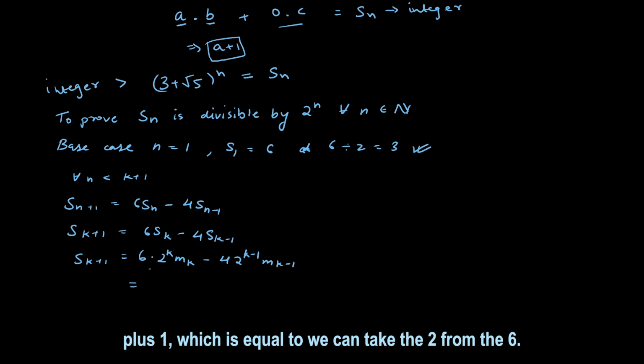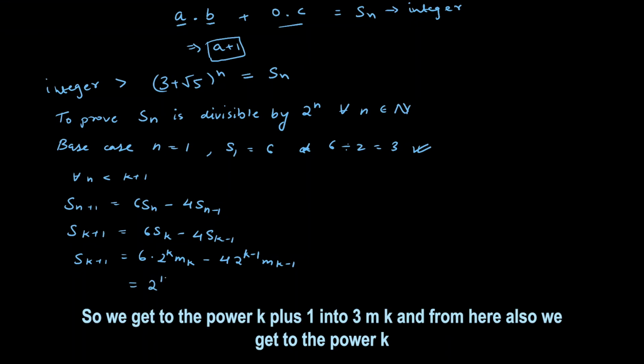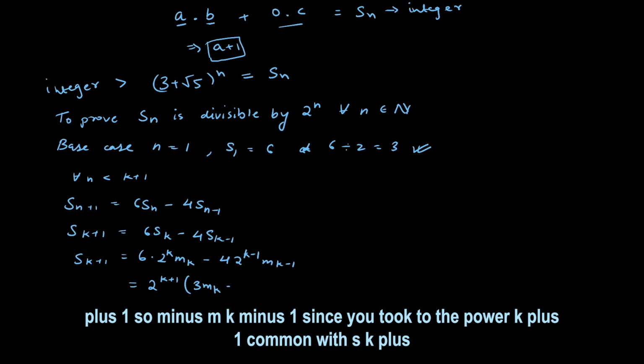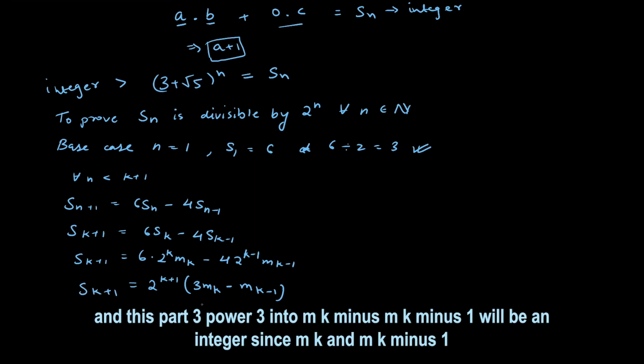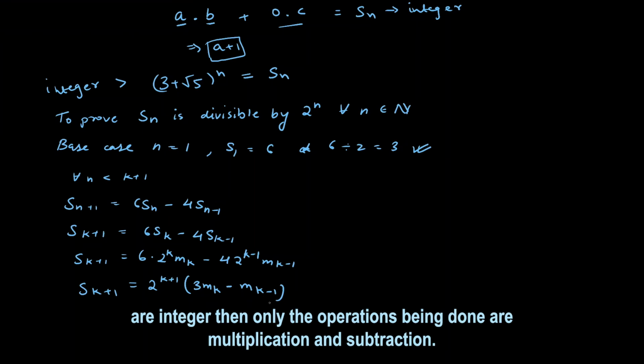We can take the 2 from the 6 here, so you get 2 to the power k plus 1 into 3m(k), and from here also we get 2 to the power k plus 1, so minus m(k-1), since we took 2 to the power k plus 1 common, is S(k+1). And this part, 3 into m(k) minus m(k-1), will be an integer since m(k) and m(k-1) are integers and only the operations being done are multiplication and subtraction.